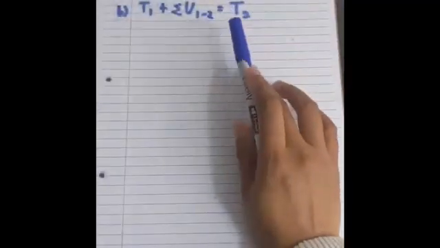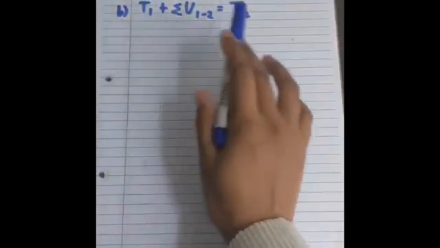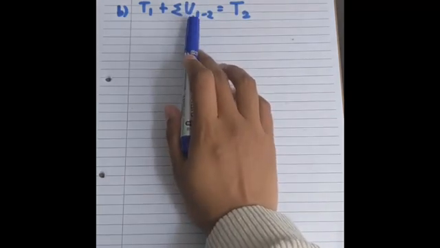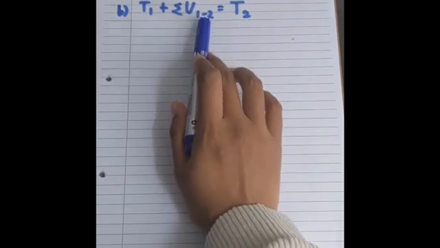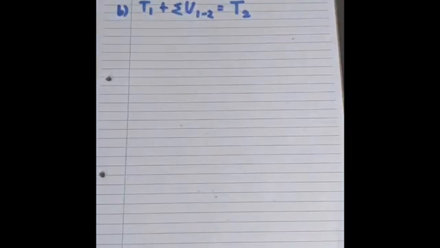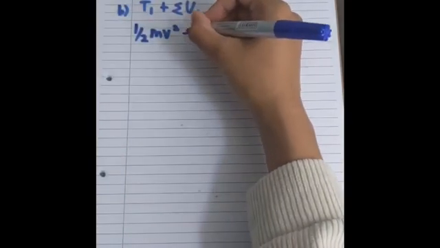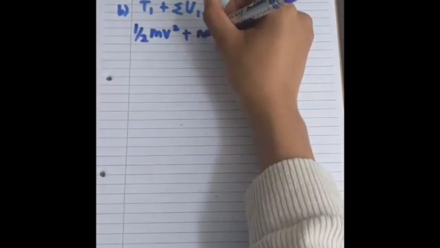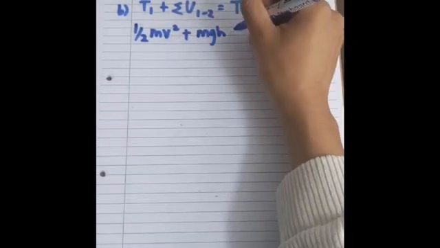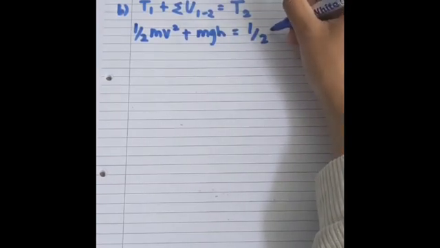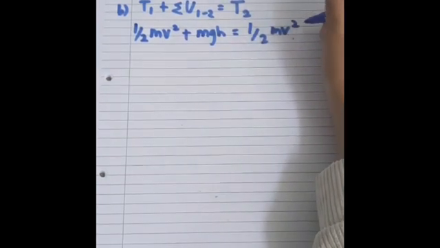So we rewrite this. T1 and T2 are kinetic energy, and U is the work done by all forces acting on the particle. So kinetic energy is 1/2 mv squared, plus mgh for work done, equals kinetic energy at the end, 1/2 mv squared.